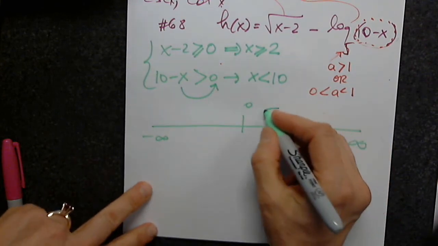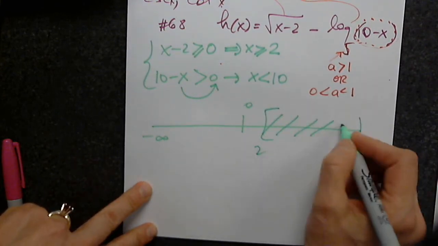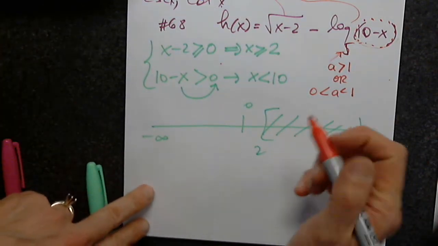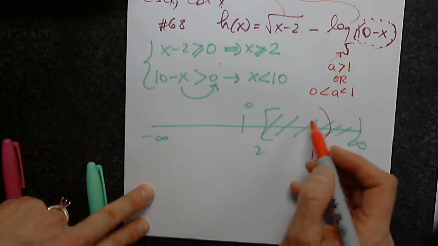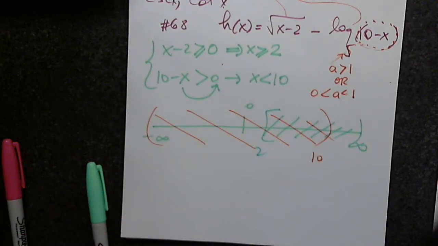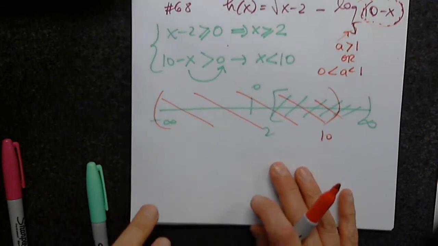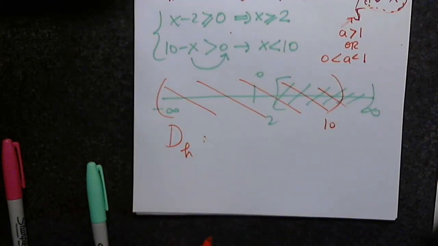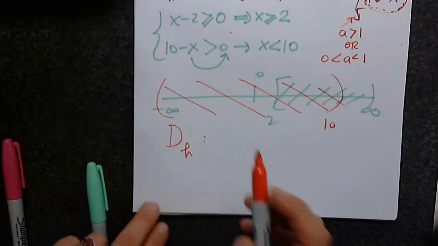So greater than or equal to 2, remember I don't care for units. This is only used to help us find the domain. And less than 10. If there is no common domain, function h means nothing. So what is the domain of function h? Right here.